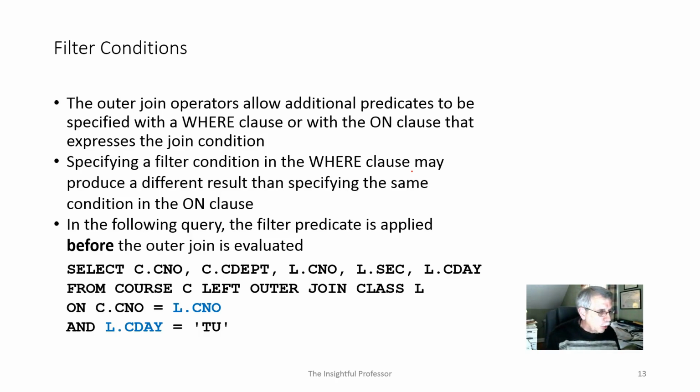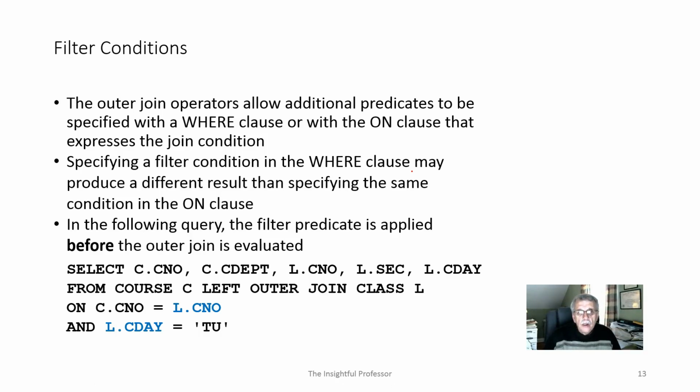Now, one other twist. If you were thinking, well, that's not so bad, I think I got the hang of the outer join, well, here's where maybe I throw you a curveball. The outer join, just like an inner join, can include more than just the join condition. We can include filter conditions. But remember, we're using the on clause to express the join condition.